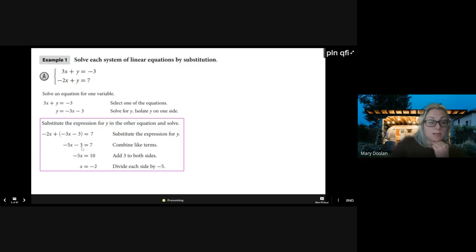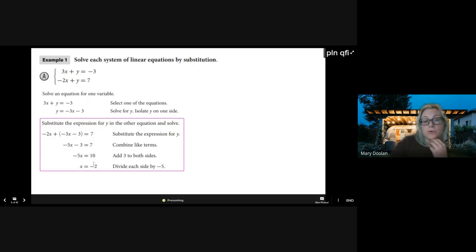Then -3 and 7 are like terms, so we're going to add 3 to both sides. That's where 10 comes from; 7 plus 3 is 10. Then -5x equals 10. -5 times x equals 10, so divide both sides by -5. X equals 10 divided by -5, which is -2.